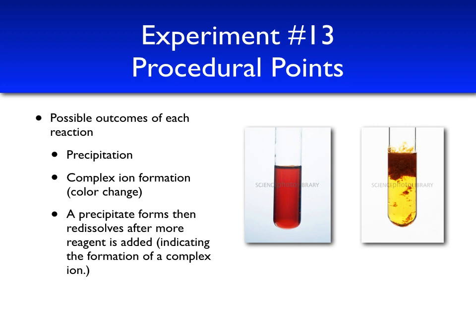You can observe a straight color change, perhaps without the presence of a precipitate. This would just be a simple observation of a color change. Another thing to look out for is the formation of a precipitate that redissolves after more of the reagent is added. This indicates the presence of a complex ion forming, which is competing with the formation of the precipitate. The complex ion formation is more favorable when more reagent is added.